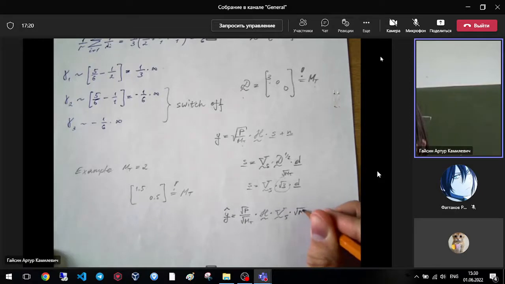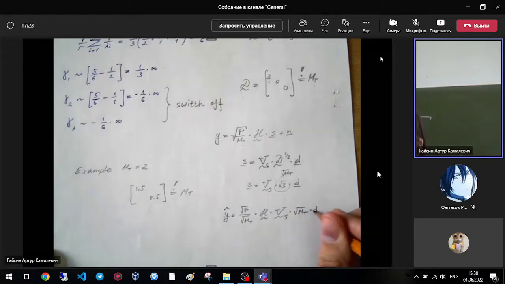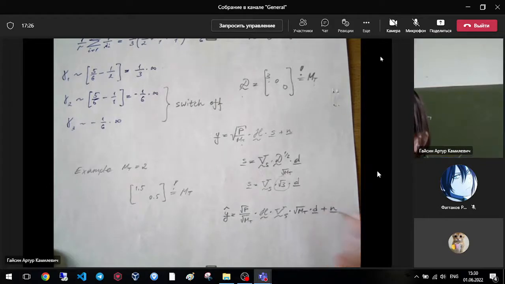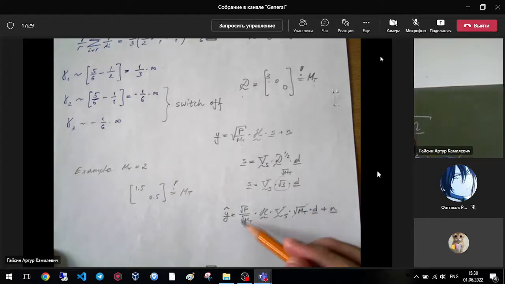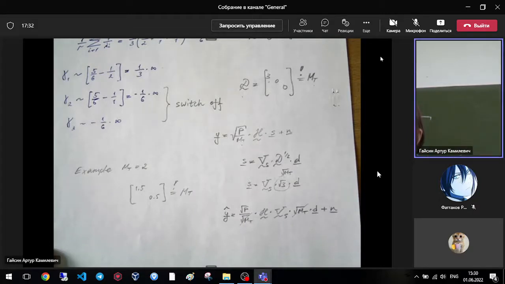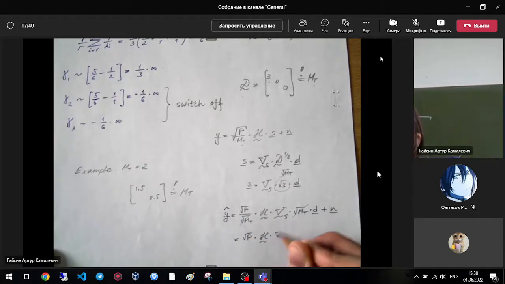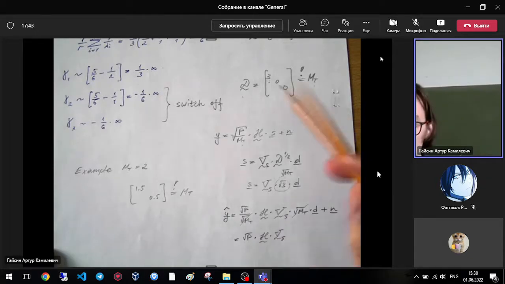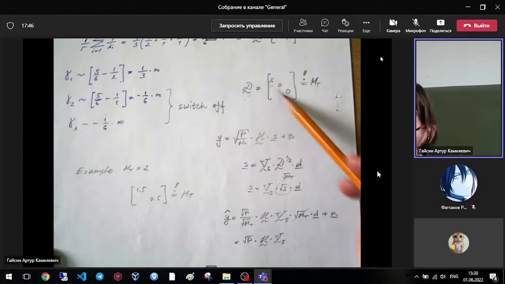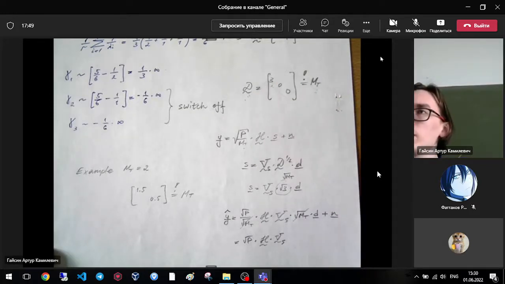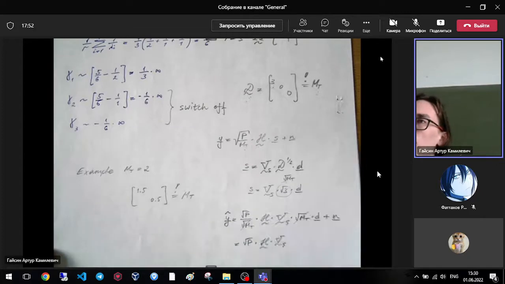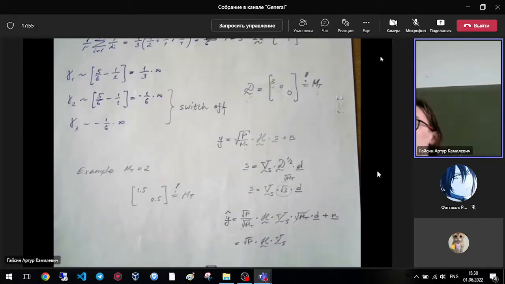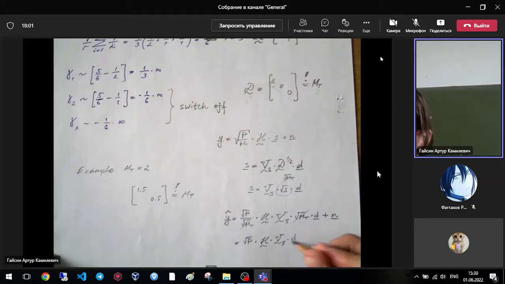Then we multiply by square root of MT times this data stream plus noise. And you can see this one and this one are eliminated, and we have only the scaling of power. So that's why this power allocation matrix in the main diagonal should be equal to MT. This is the main thing here. It is only the right normalization of the full equation. So yes, we have this data stream plus noise.